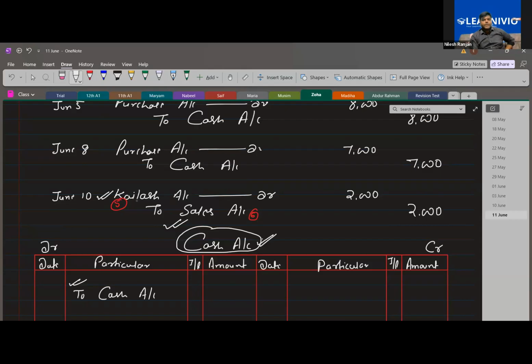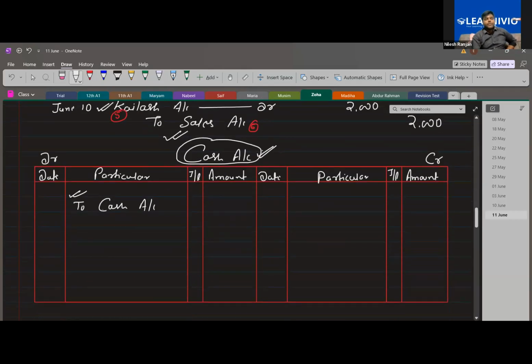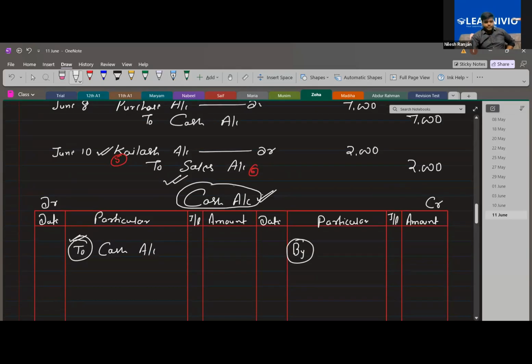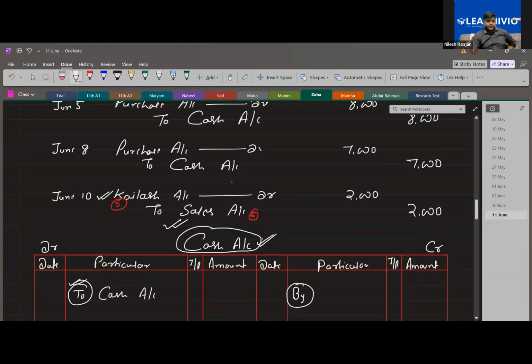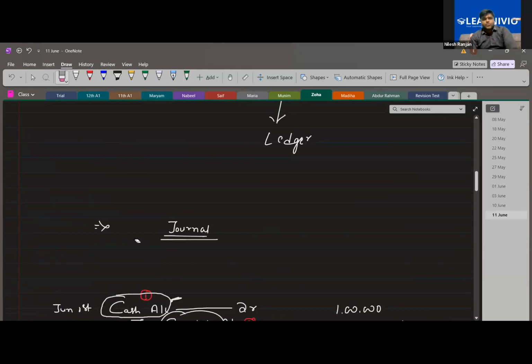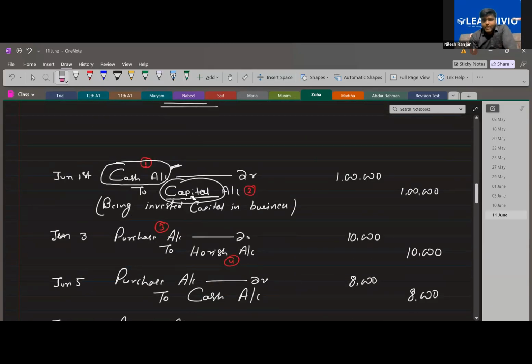Now, one thing you have to remember: debit side item will start with "to" and credit side item will start with "by". So cash account debit to capital.